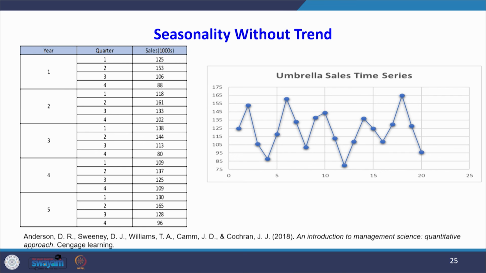When I plot the data, it looks like trend data, but when you look closely, there are cyclic variations. For example, look at quarter 2 in year 1.